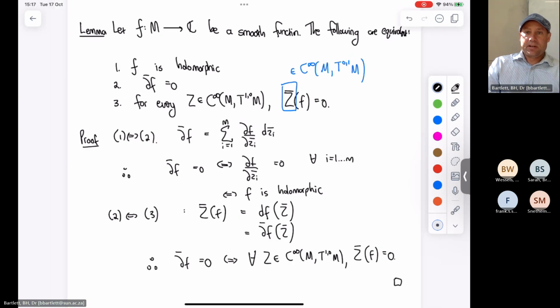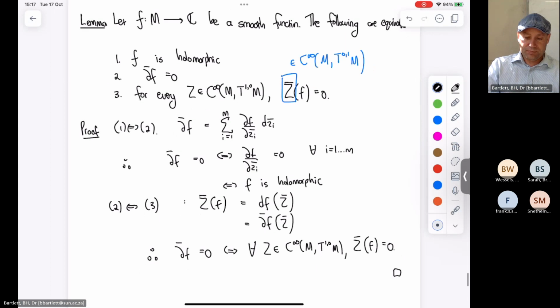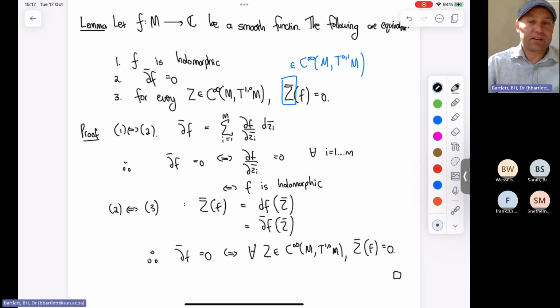Okay. Yeah, any questions there? Nothing deep going on there, but just make sure that we are all on the same page. Three different notational ways to say that a certain function is holomorphic. And these characterizations would actually then extend to higher degree as well.